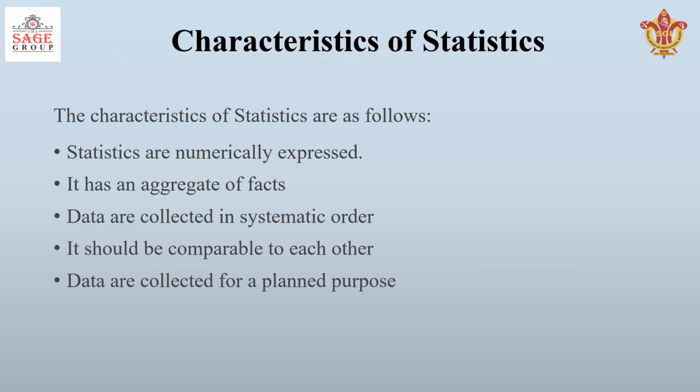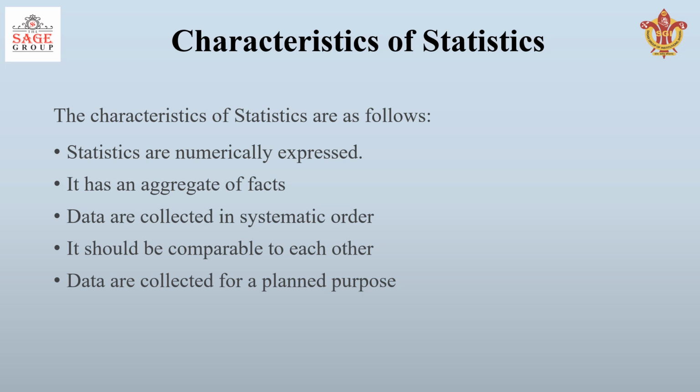Let us now understand the characteristics of statistics. The characteristics of statistics may be understood as follows. 1. Statistics are numerically expressed facts and figures. It has an aggregate of facts. Data are collected in a systematic order. It should be comparable to each other.